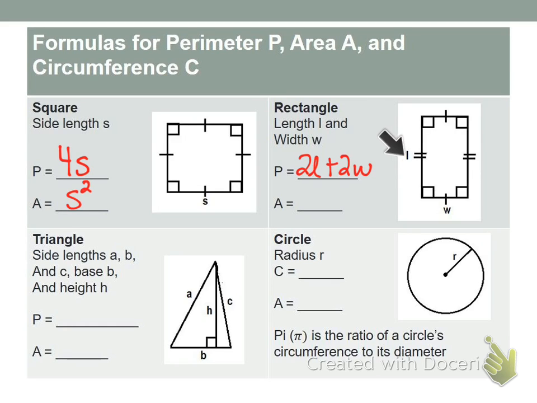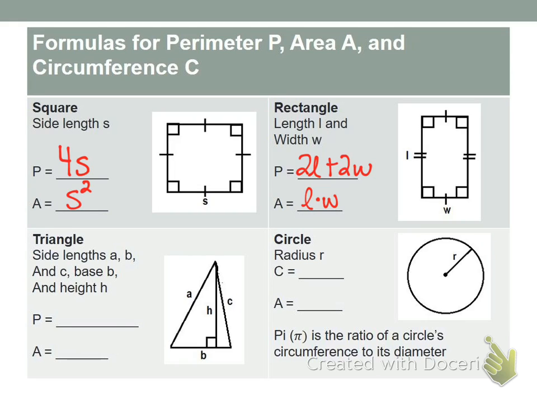And the area would be length times width. Some people call it base times height. I'm probably more of a base times height person, but it doesn't really matter. It's the same thing. You multiply the side lengths together.